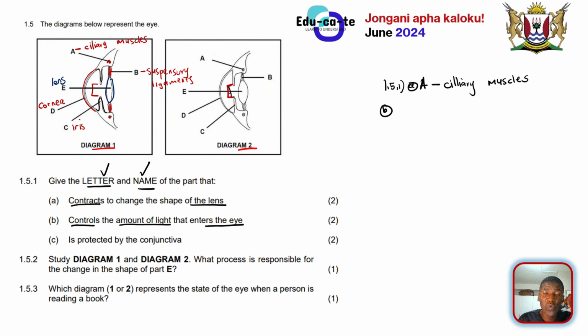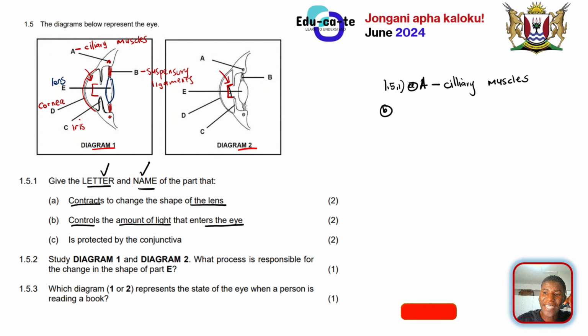But we do know what controls the size of the pupil so that we can regulate the amount of light that enters your eye. The pupil can become bigger or smaller, depending on the amount of light that is outside.